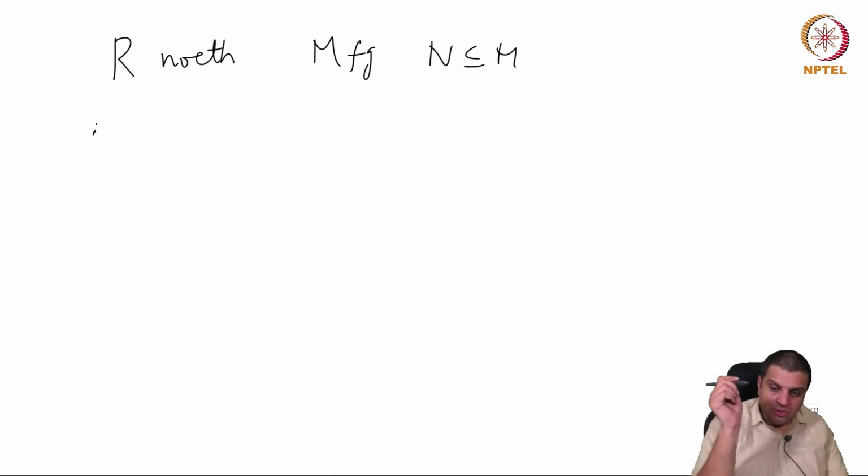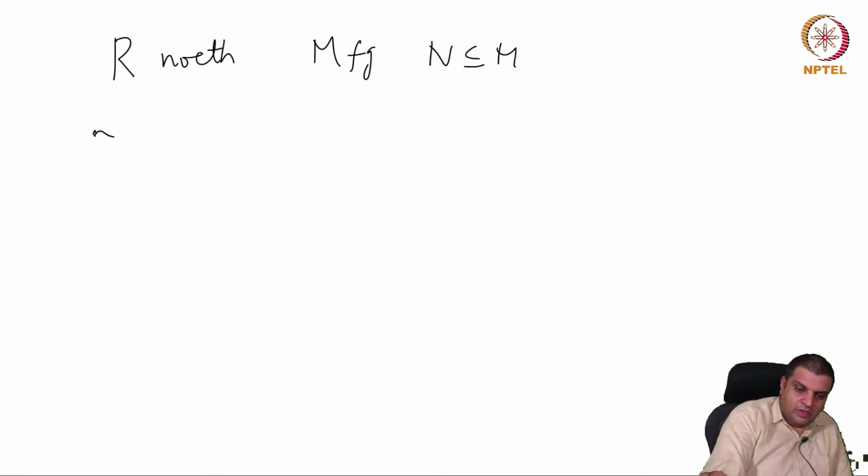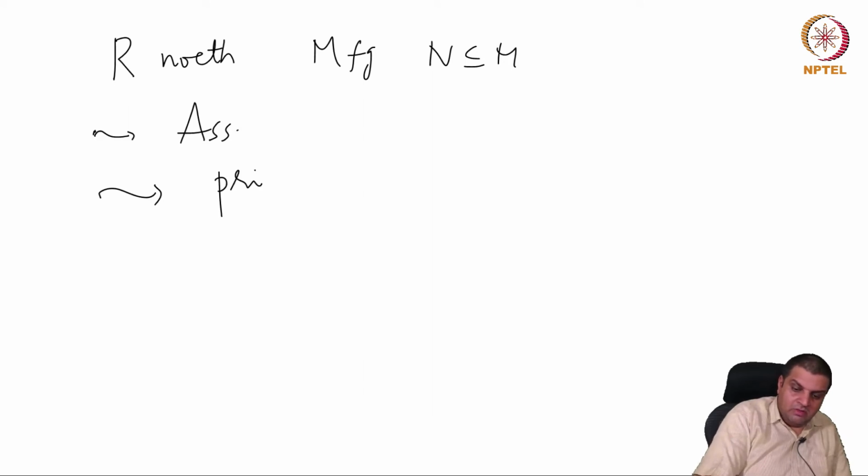We also introduced the notion of primary submodules. What does it mean to say M mod N is primary? And what does it mean to say it is P-primary? And we also got a primary decomposition. So far, let me just summarize. We know what the notion of associated primes is. We know what primary submodules are.